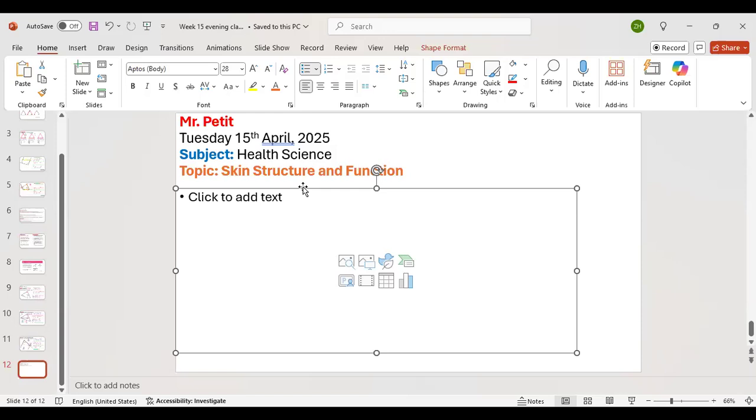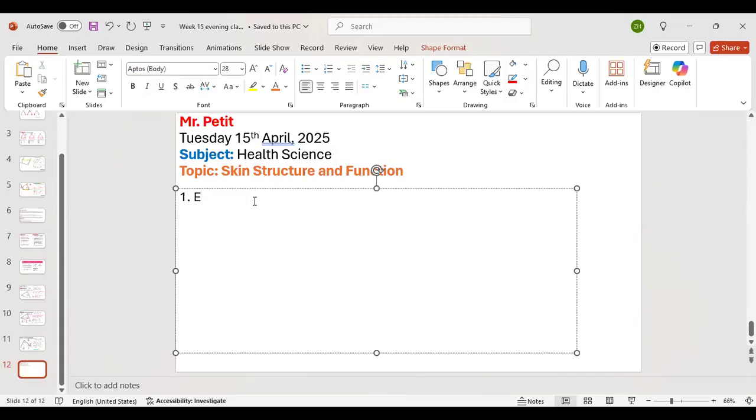Anyone else? The hypodermis. What is that? That's the innermost layer, and the dermis is the middle piece. It's like a sandwich.